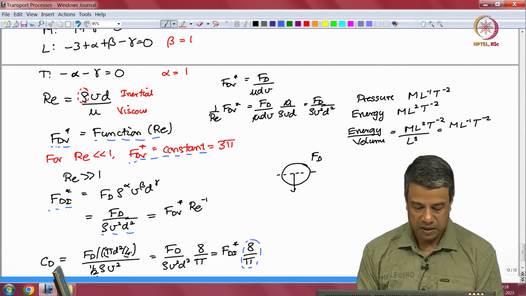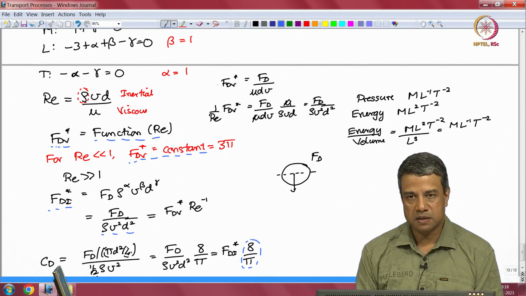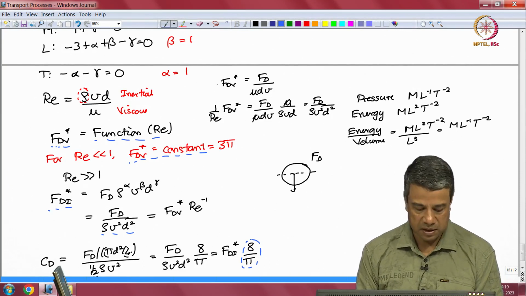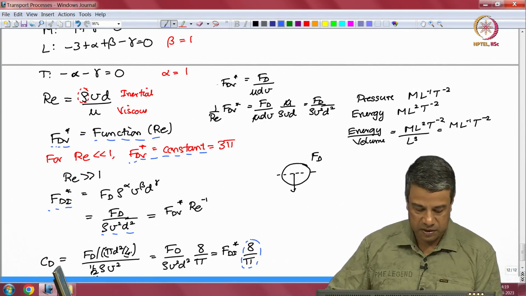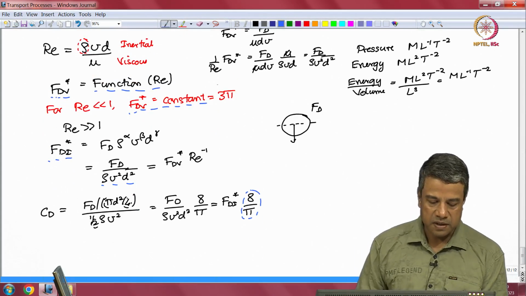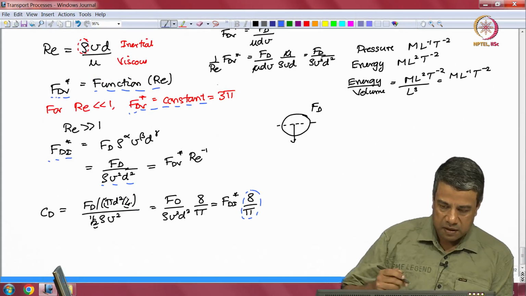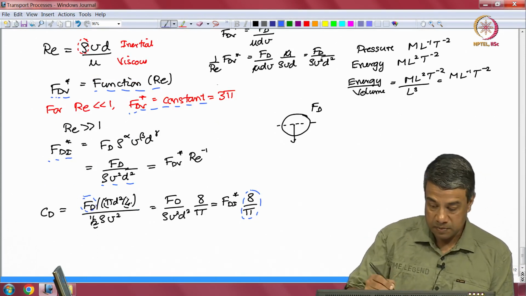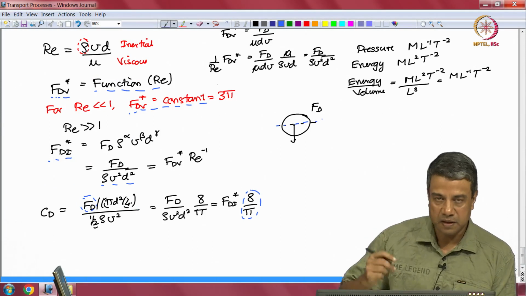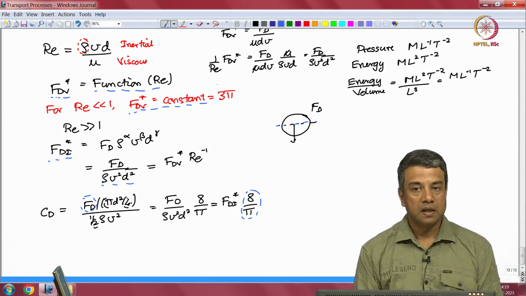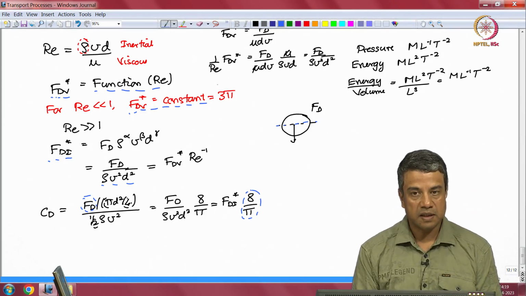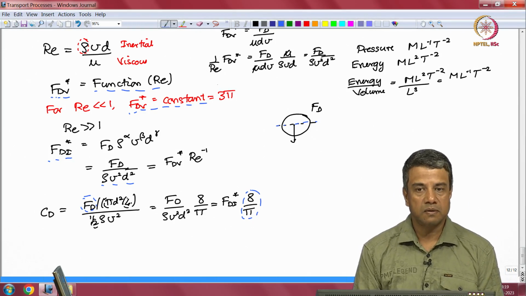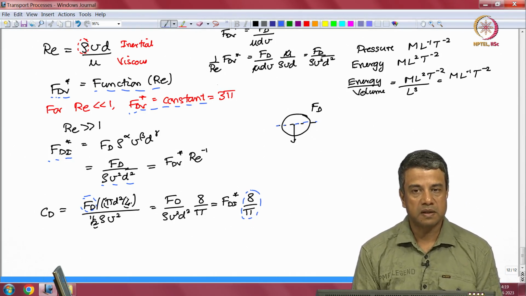I told you that the dimensionless group that is actually used in calculations is what is called the drag coefficient. For this drag coefficient, you take the drag force divided by the projected area of the sphere perpendicular to the flow. Drag force times the projected area is approximately equal to the difference in pressure between the upstream and the downstream sides.